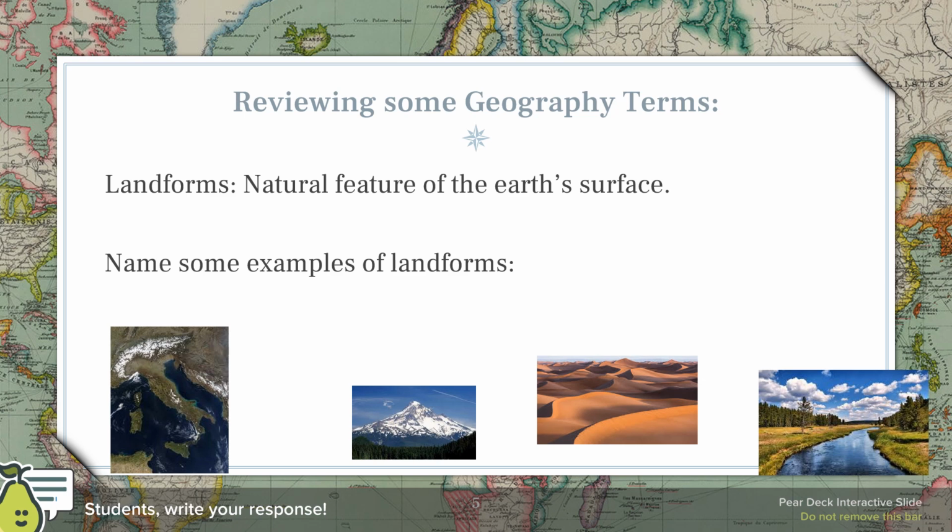So the first one here on the far left of the screen, that is Italy, and that is a peninsula. The one right next to it is a mountain. The next one over, a desert. And the last one is a river. I'm sure for at least the last three you could make some pretty good guesses on what they were, but it's always good to review.